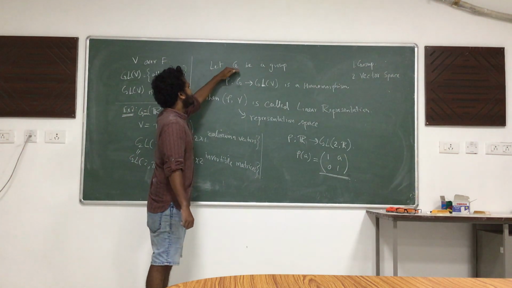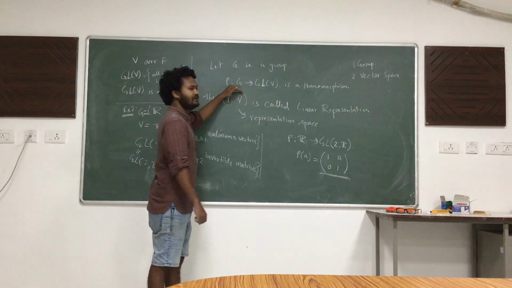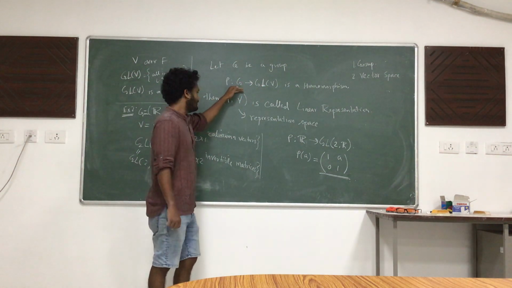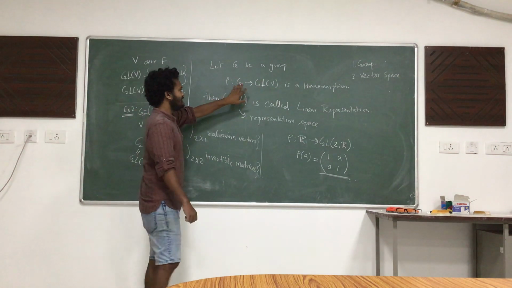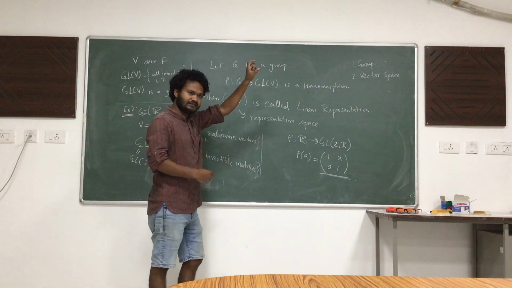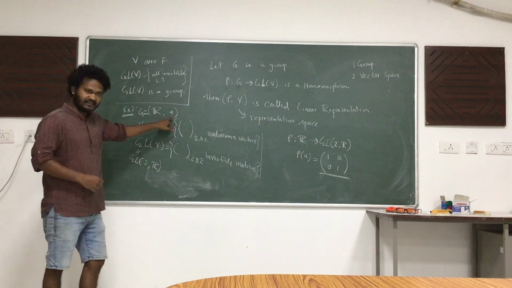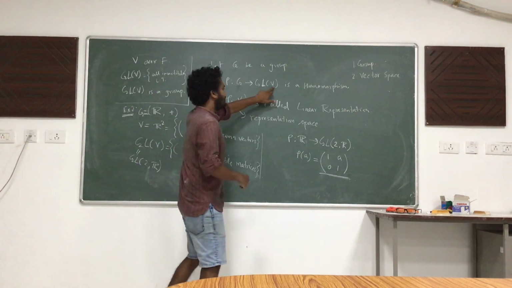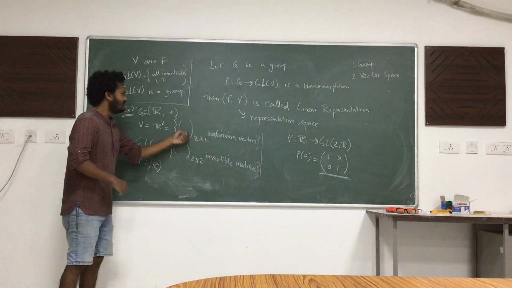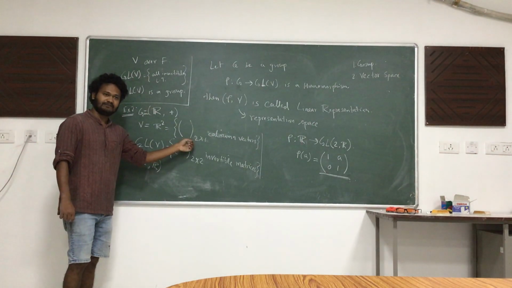Given a G, if we can give a map from G to GLV, then this is called a representation. So now we have specifically chosen G to be the real number set under the operation plus, and V is chosen to be the two-dimensional vector space over R.